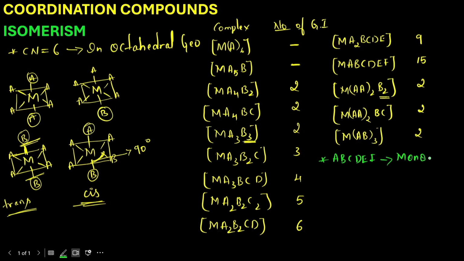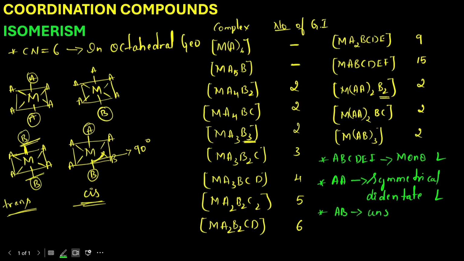Again, AA is a symmetrical didentate ligand. Again, AB is an unsymmetrical didentate ligand.